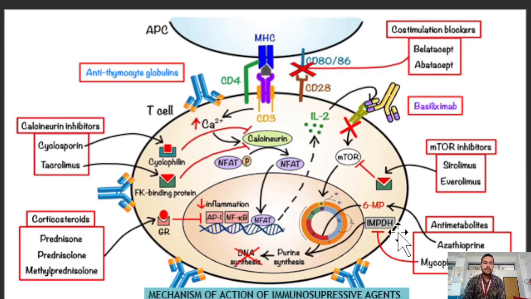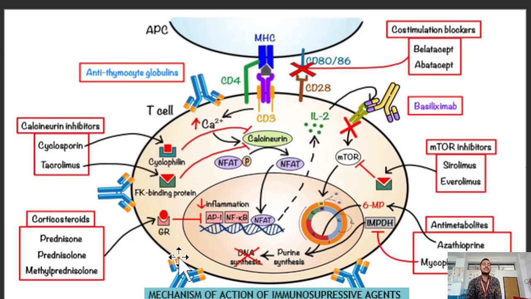The next one is corticosteroids. There are three examples: prednisone, prednisolone, and methylprednisolone. All these corticosteroid drugs will bind to a receptor called the glucocorticoid receptor.